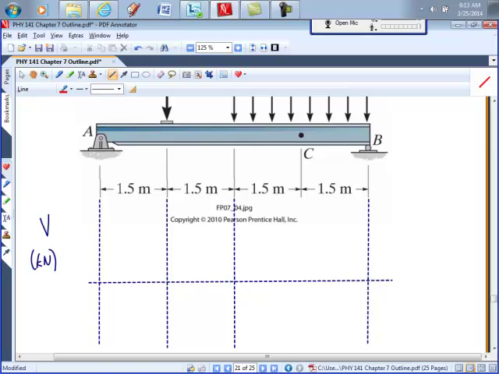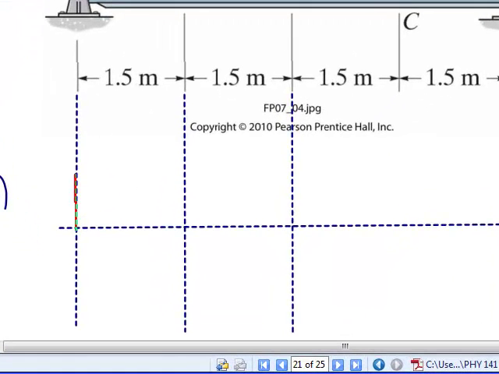It goes instantly from 0 to 9. Right? So we go from 0, better not go too high, to 9. And then what happens between A and this point load? Nothing. It goes straight across.